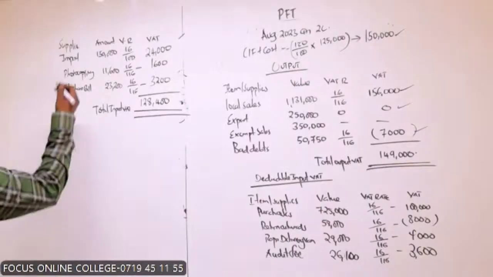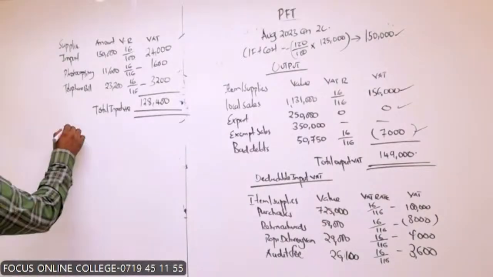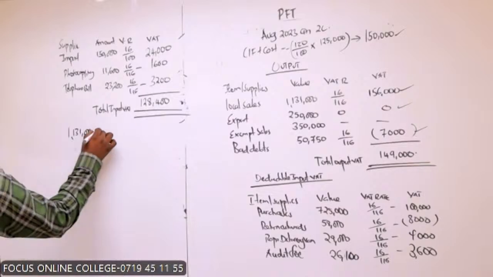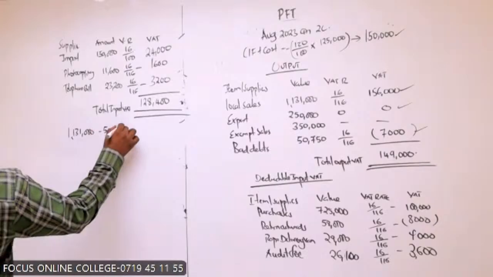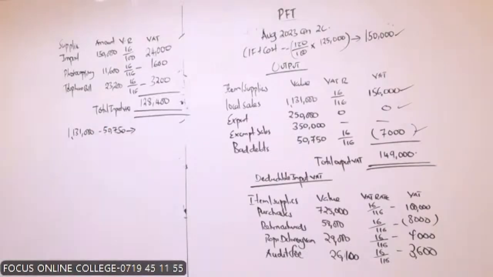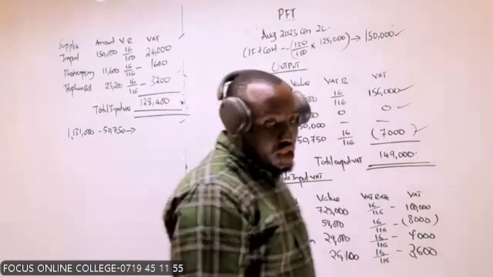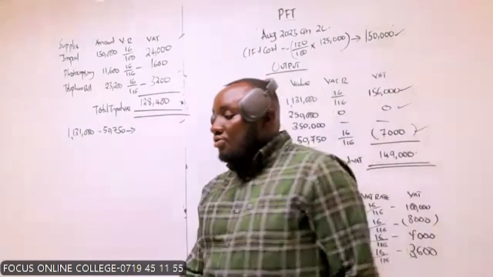We make the sales at standard rate to be exclusive. So 1310 minus 50,750. What are you getting for that? 1,131 minus 50. 5750.